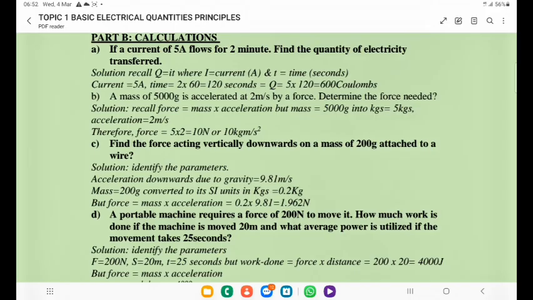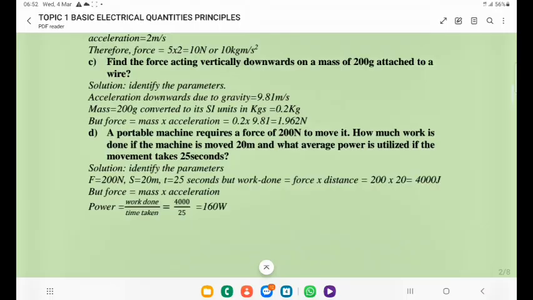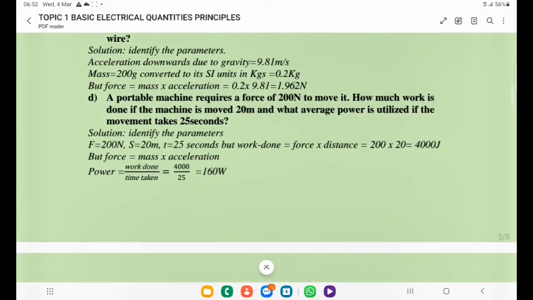So converting the 200 grams into kgs is equal to 0.2 kgs. And then we have acceleration due to gravity, which is 9.81 meters per second squared, times 0.2, giving you 1.962 newtons.